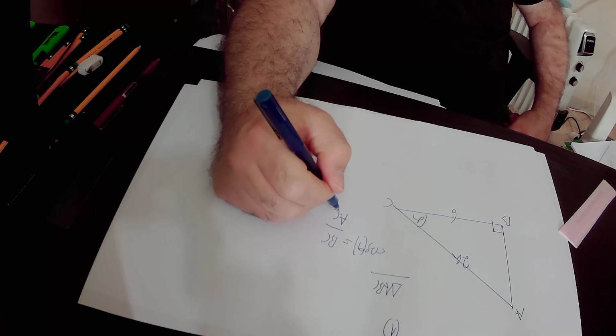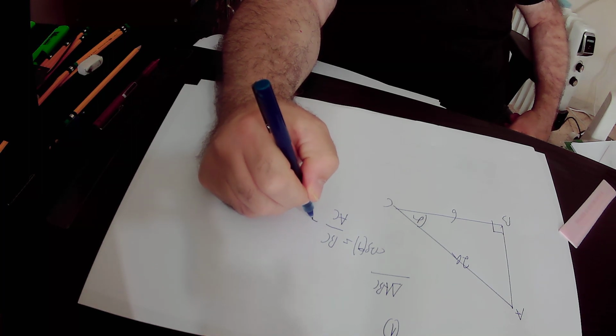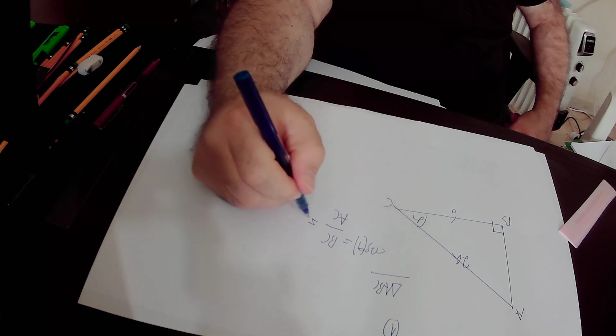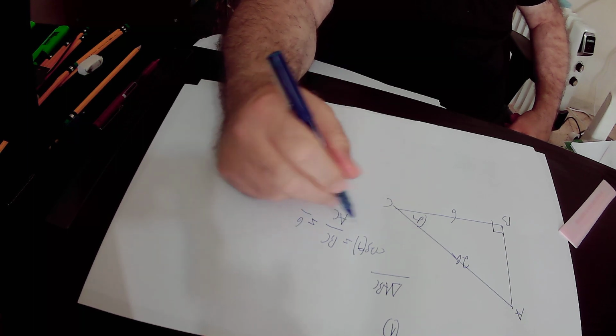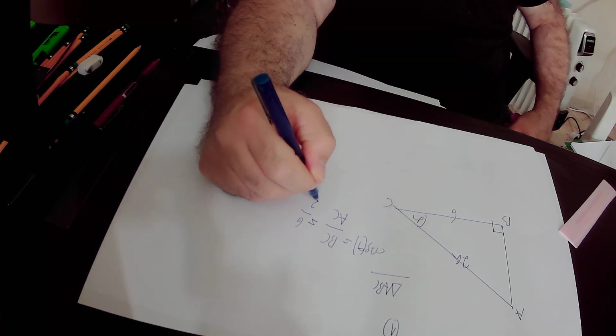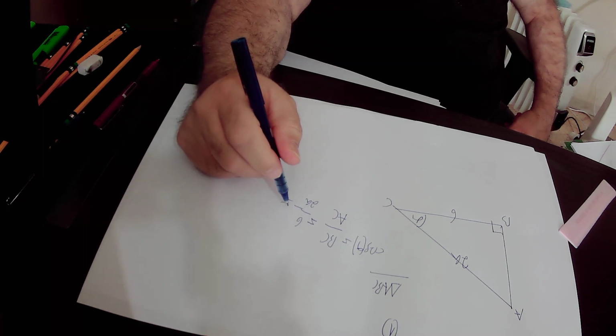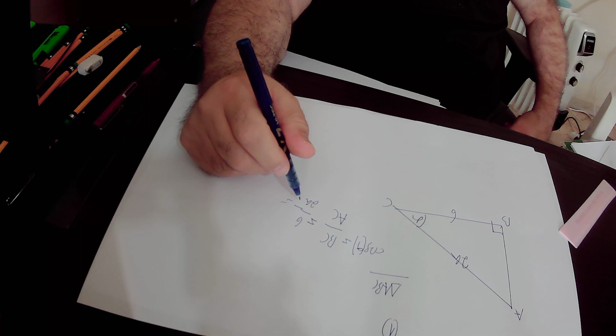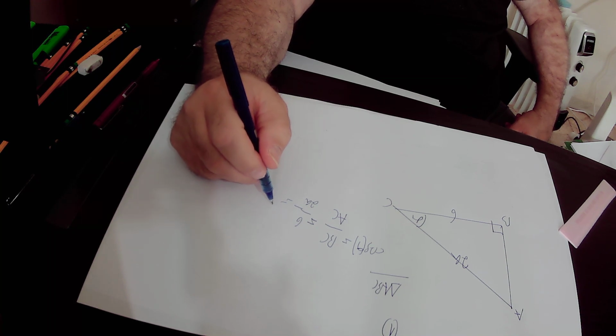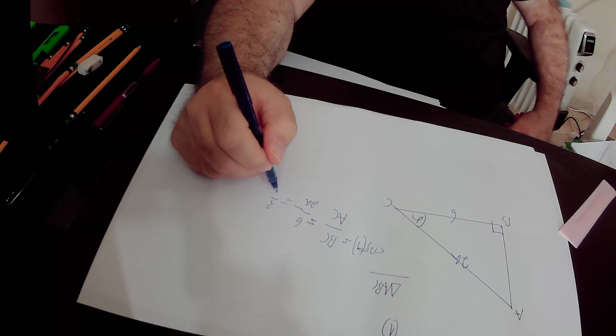BC equals 6, AC equals 2A. 6 over 2A, we will divide both the numerator and the denominator by 2. 6 over 2 is 3, 2 over 2 is 1.